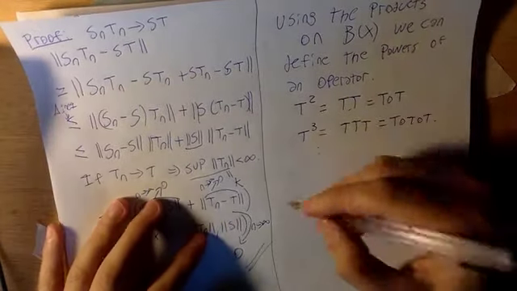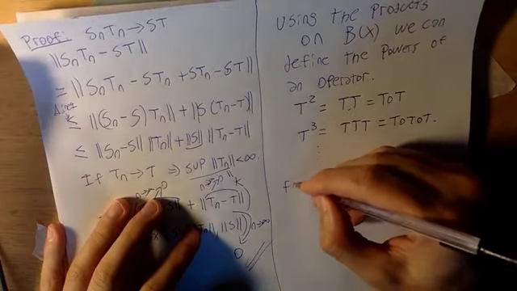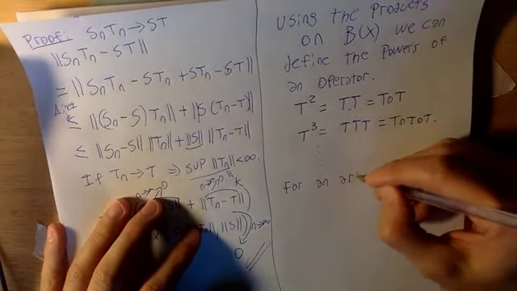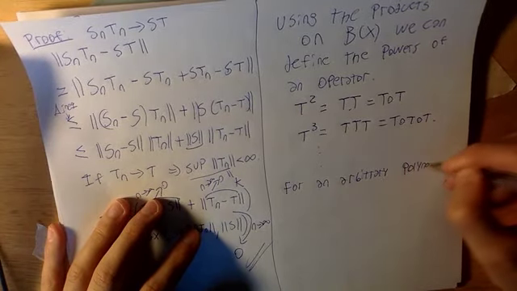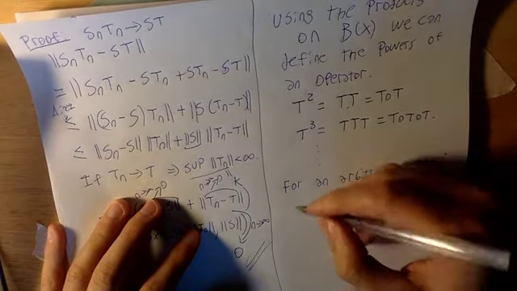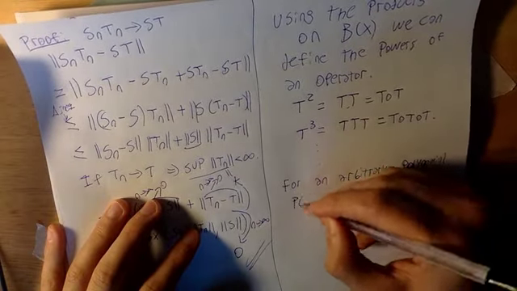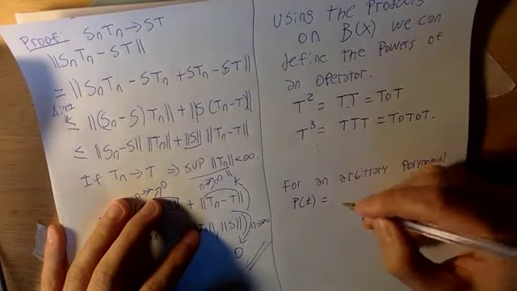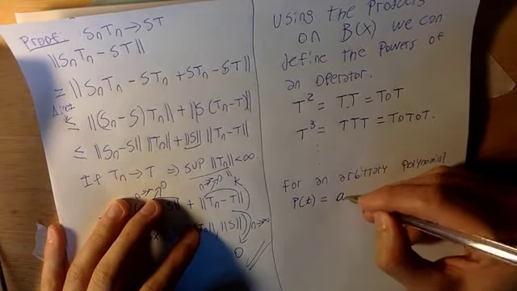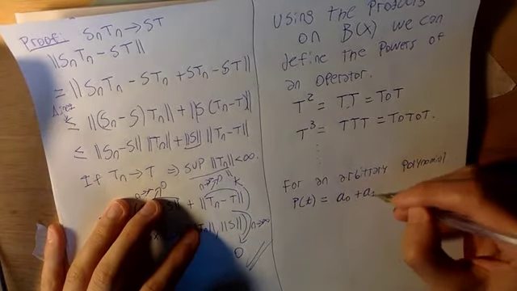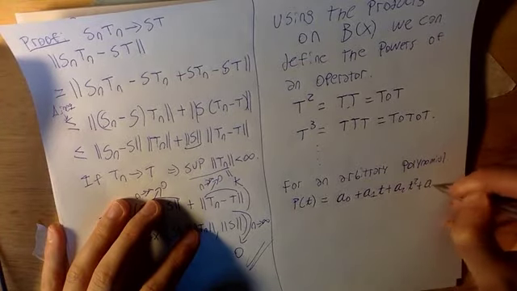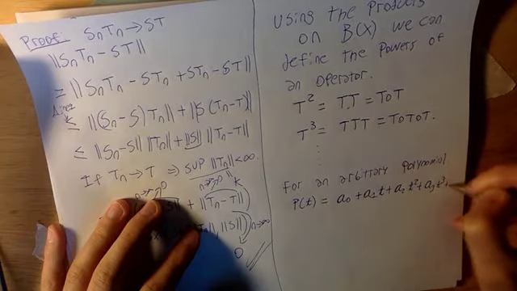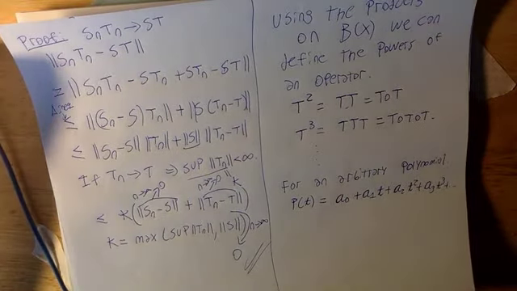In particular, if we have an arbitrary polynomial, so let's say p of little t is just a0 plus a1 times t plus a2 times t squared plus a3 times t cubed, and so on, and we can take a finite polynomial.